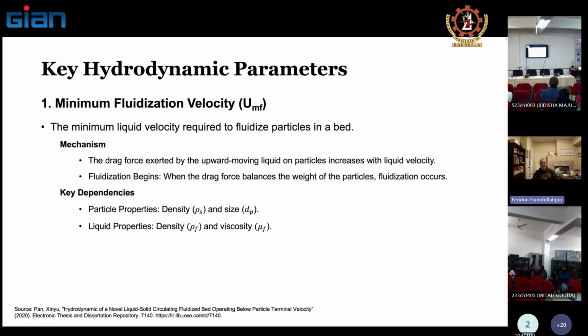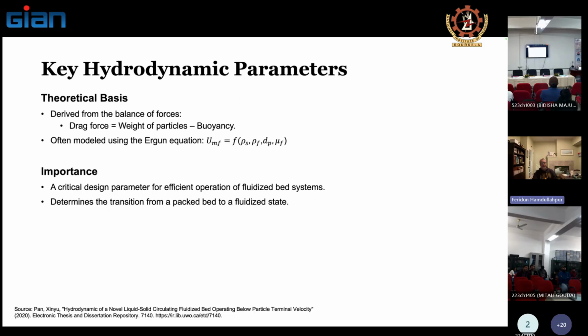Key hydrodynamic parameters are exactly the same as described: minimum fluidization velocity, dependence on particles, and all of those. The only reason I'm showing you this is that in this case, when you are calculating minimum fluidization velocity, you cannot ignore the buoyancy force. The best thing is to use Ergun's equation to predict that.